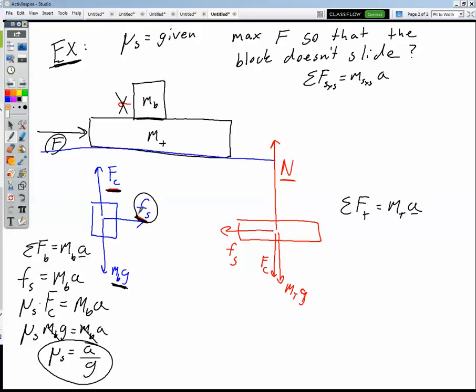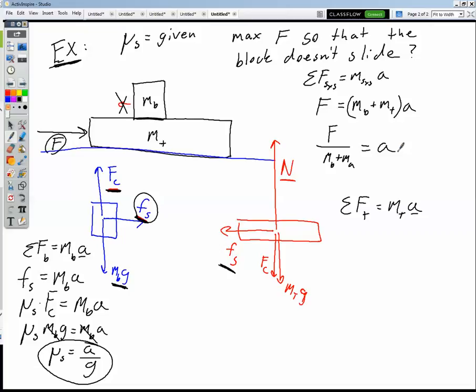The two static friction forces that are acting between the blocks, those cancel. So those don't affect the acceleration of the system. So this is really easy. It's just F acting on the system is equal to the total mass of the system, block plus textbook, times a. So the acceleration is simply F divided by m_b plus m_t. That's equal to the acceleration.